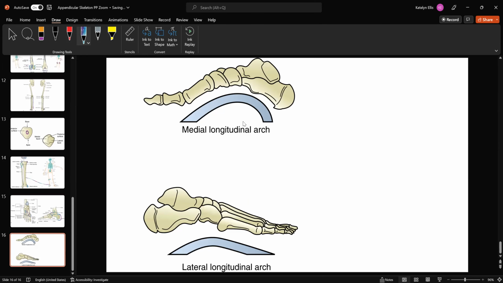The last image I have here for you is the arch of your foot. This is the medial longitudinal arch. This is the inside of your foot, the medial side, where your 2 feet face each other. This is what we usually talk about when we ask, do you have a high arch or a low arch?